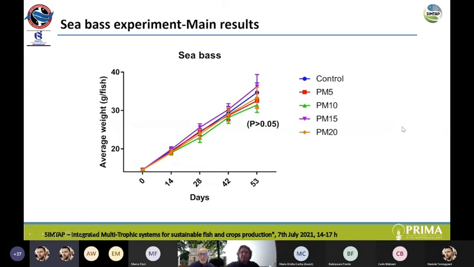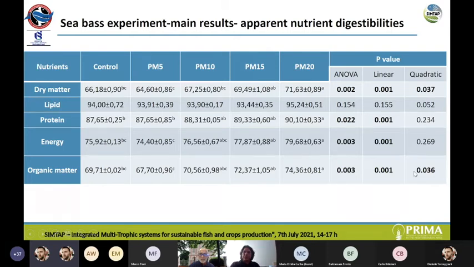In this slide, you see the apparent nutrient digestibility coefficients of diets, and as you see from the graph, there was a significant linear increase in dry matter digestibility, protein digestibility, energy digestibility, and organic matter digestibility with the increase of polychaete meal in the diet, meaning that inclusion of polychaetes in the diet instead of fish meal has positive effects on several nutrient digestibilities.